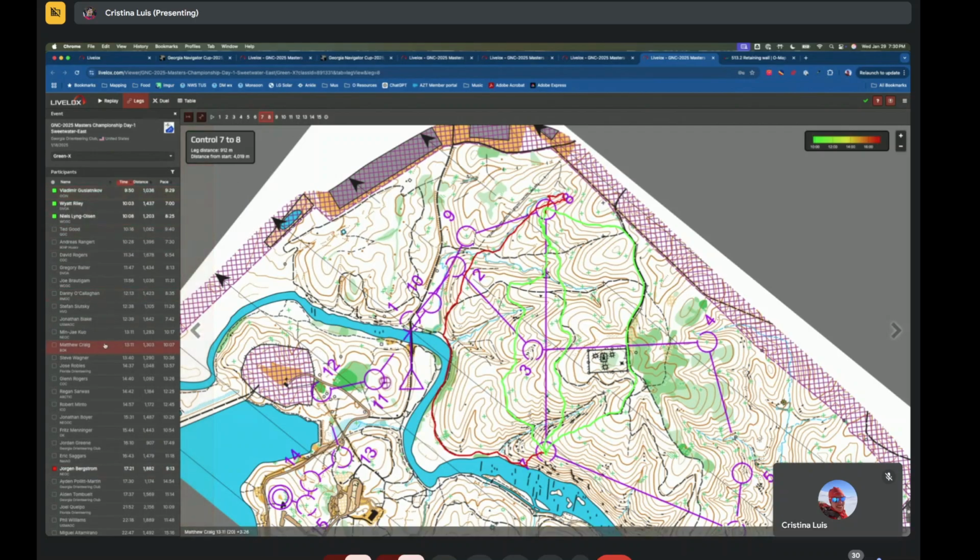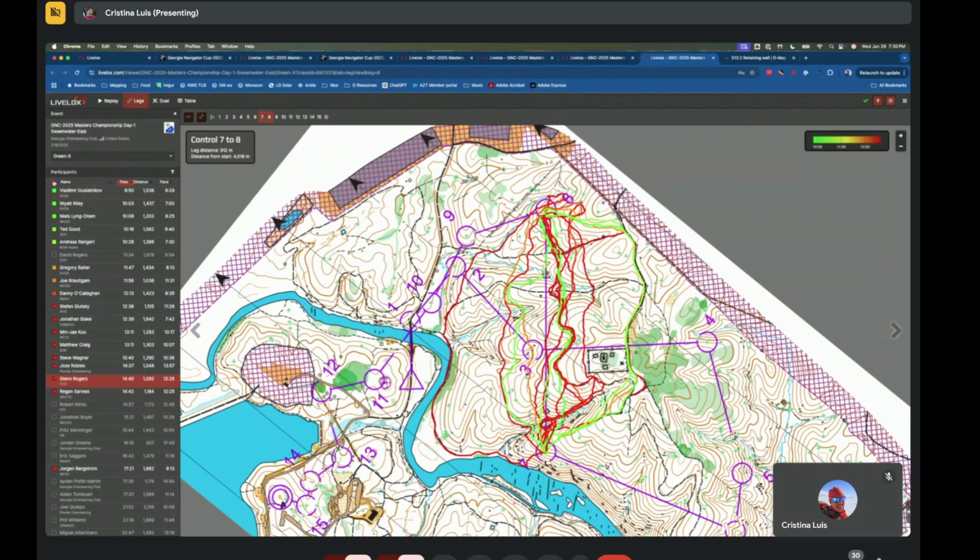Now I'm curious, did anyone do a left route? All right, that's not a left route. So Joe Brodigam, same thing. Doesn't seem like anybody else really did that far left route.